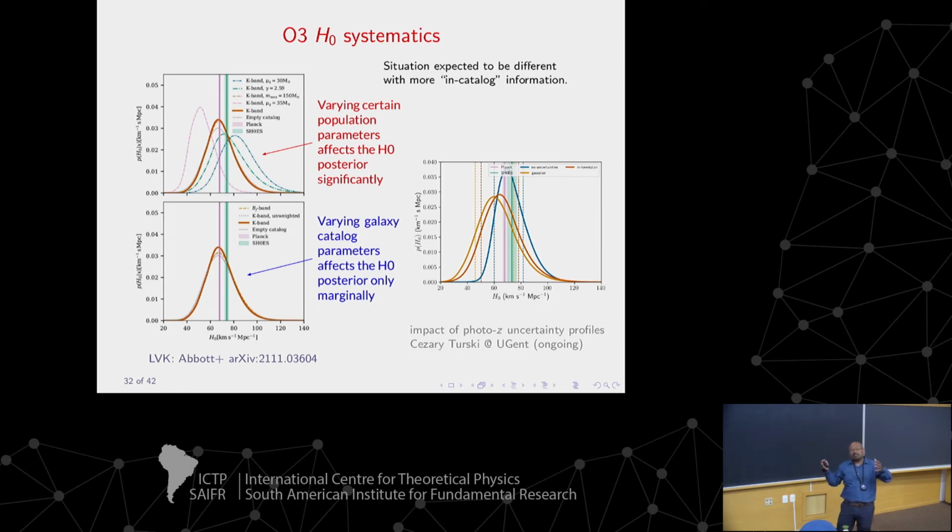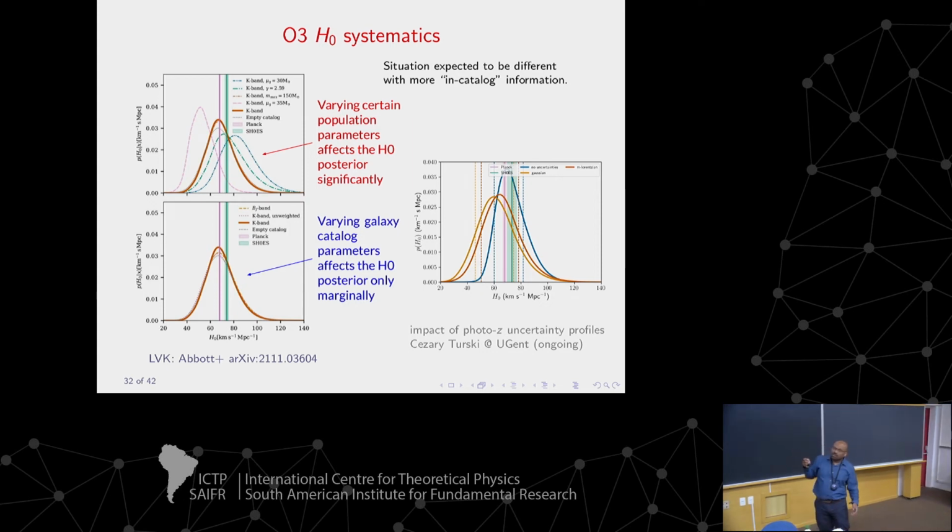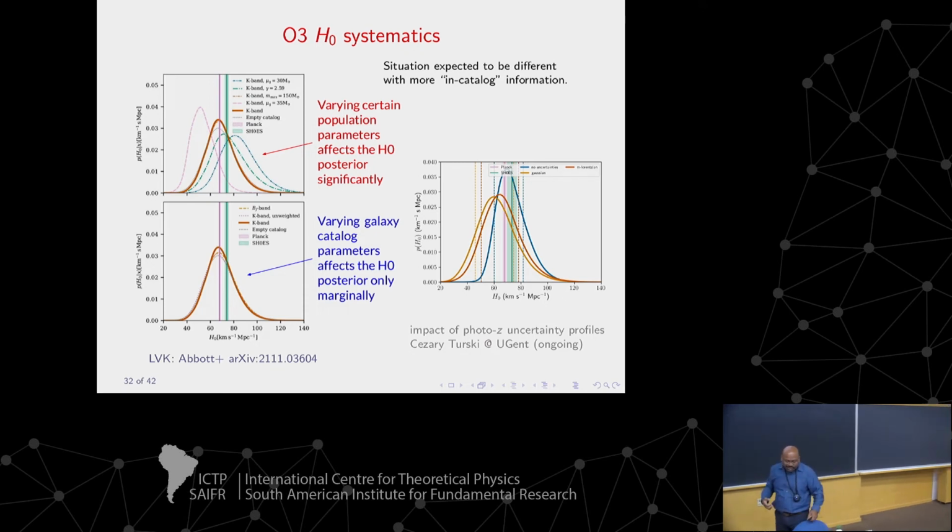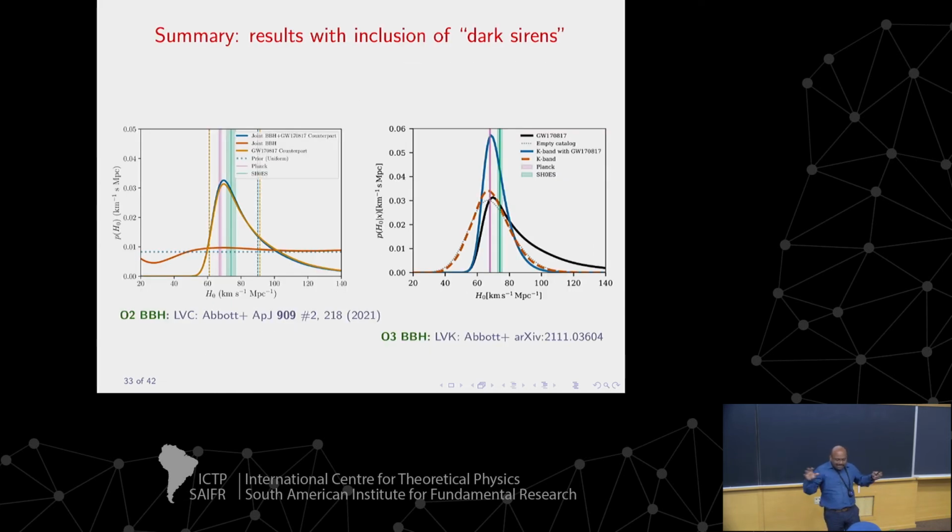This is essentially because we do not really have deep galaxy catalogs. So the situation is expected to change with more in-catalog information. And in my group, a student is trying to assess when systematic effects from galaxy catalogs are going to become important.